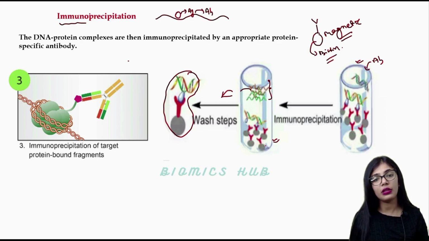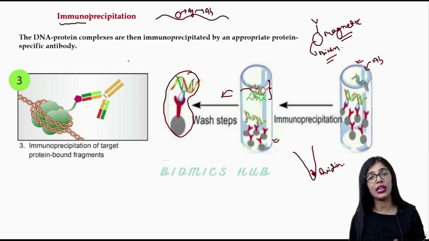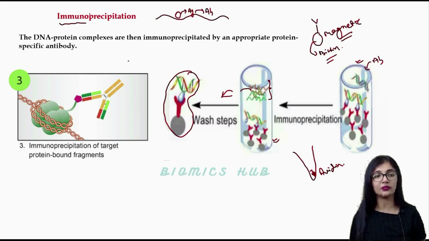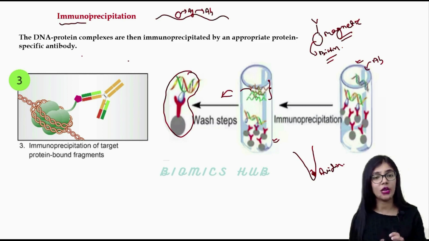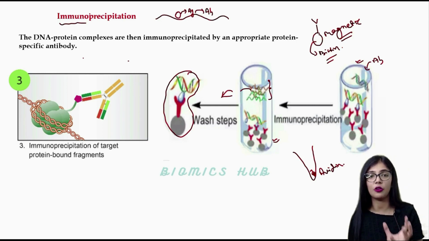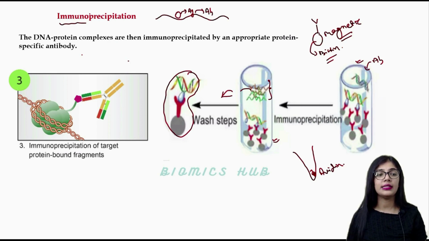If we use biotin in the antibody, the tube we are using should be coated with avidin. If that binds with the avidin, the antibody will settle down. So by the process of immunoprecipitation, the target protein and the DNA are bound to the antibody and settled down.